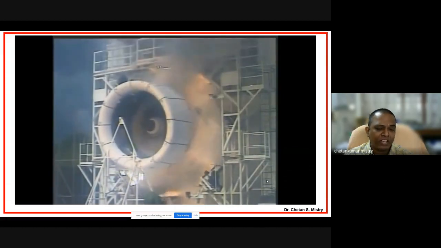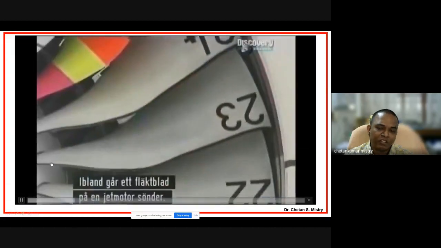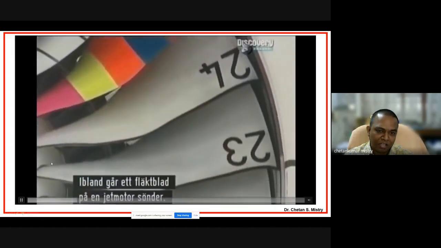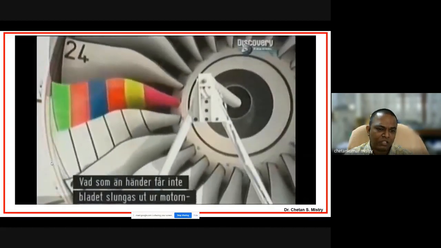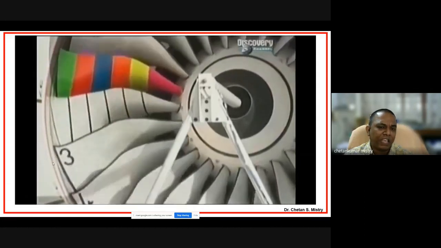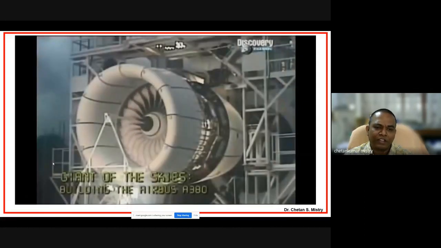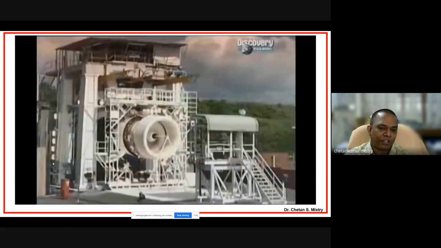This one engine itself costs billions of dollars. Okay, this is another kind of testing in which one of the blades will be removed during the operation.